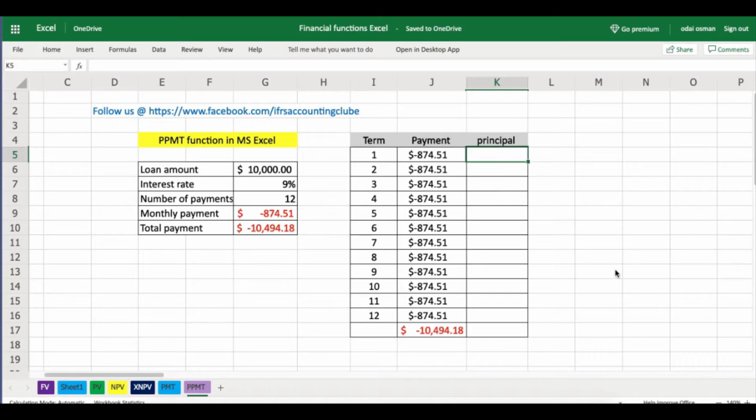On the other hand, let's calculate the principal. The principal is calculated with the PPMT function. For the PPMT function, the rate is 9%, and we select it, and then we apply the dollar sign to apply for all.